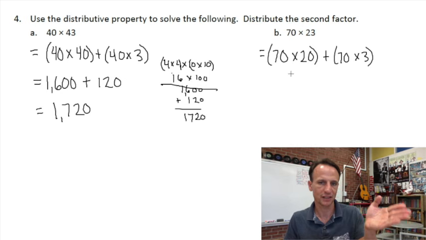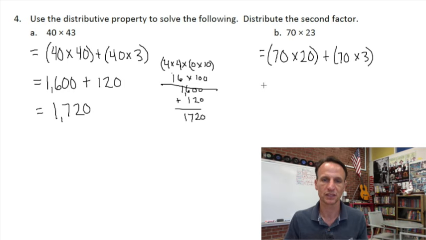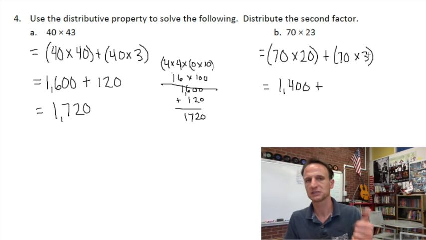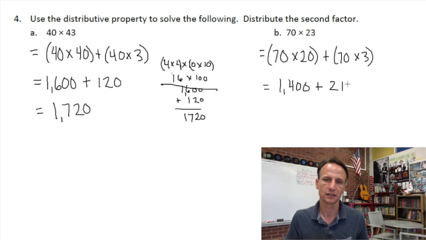We know it's going to be 7 times 2 times 100. So 14 hundreds, 1,400. And then here, 70 times 3: 70, 140, 210, right?